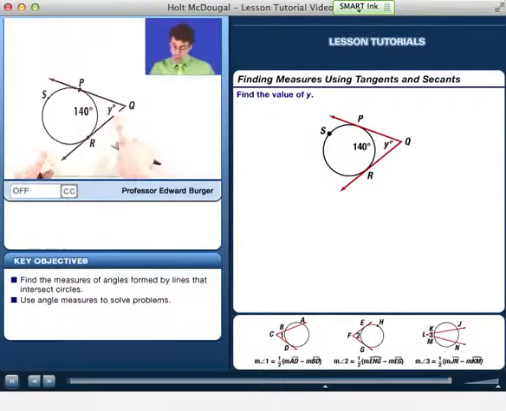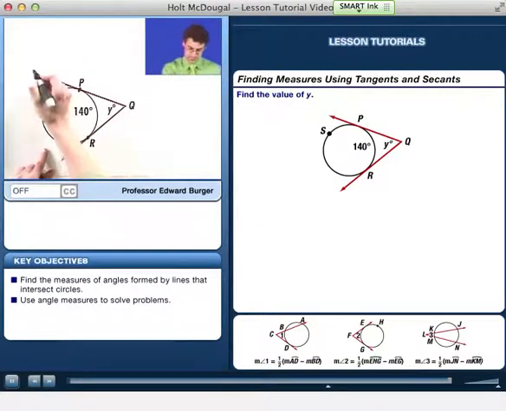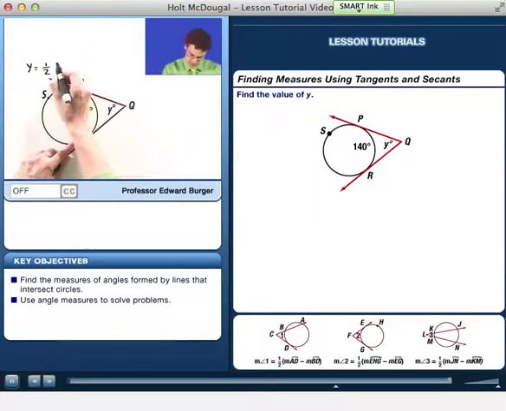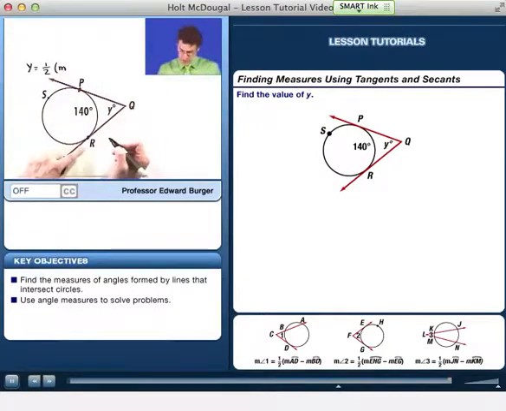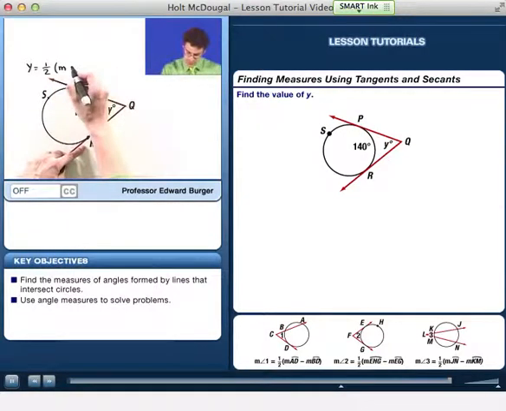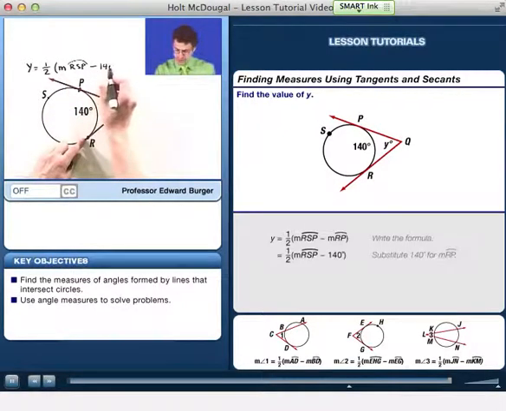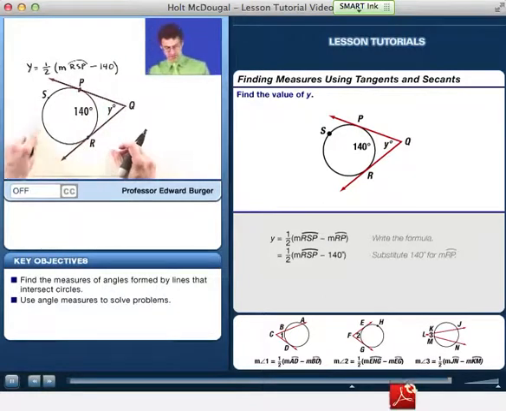Well, we know for sure that y is going to equal 1/2 this outer arc, which is the measure of the arc RSP, minus the inner arc, which is 140. The question is, we don't know this arc. Or do we? Well, let's see.